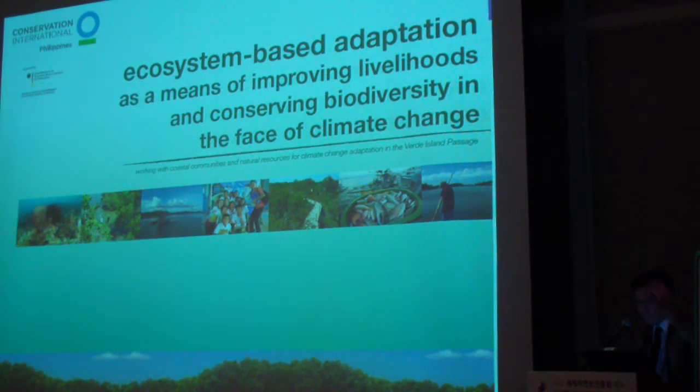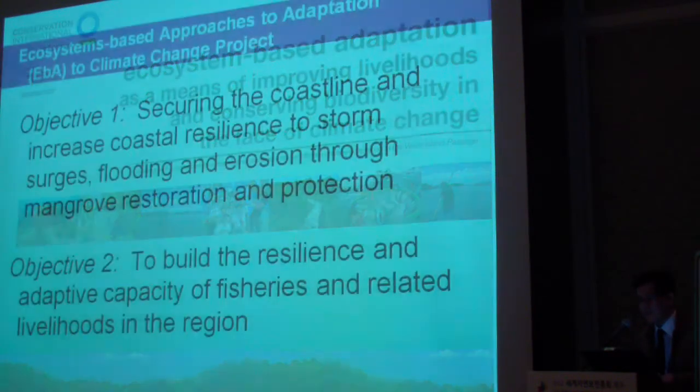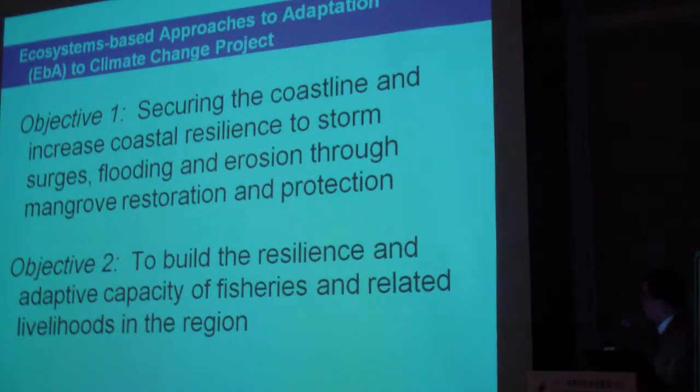This is a new project which started last year, and this project is part of an international project where South Africa, Brazil, and the Philippines are implementing ecosystem-based adaptation in our respective ecosystems. So Brazil has the reef to reach, South Africa has the terrestrial component of the ecosystem-based adaptation, and in the Philippines it's coastal and marine. And we're implementing that in the Verde Island Passage.